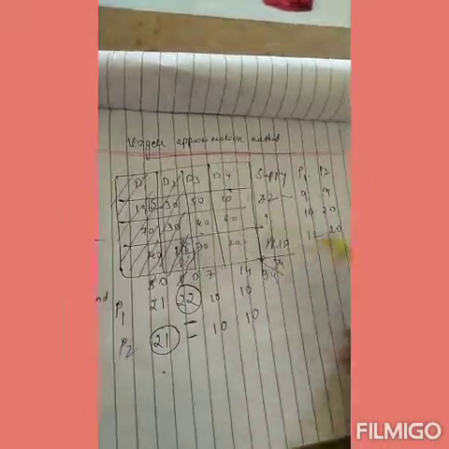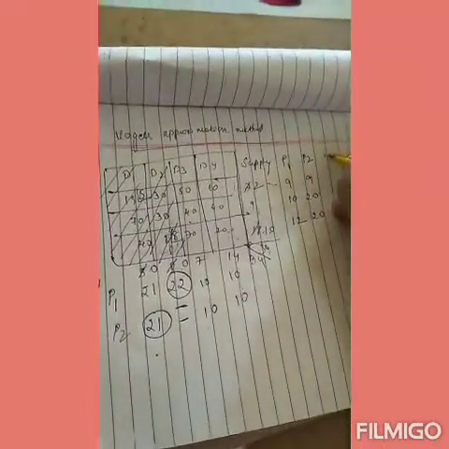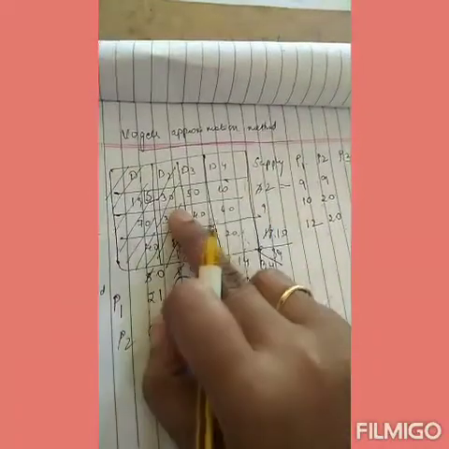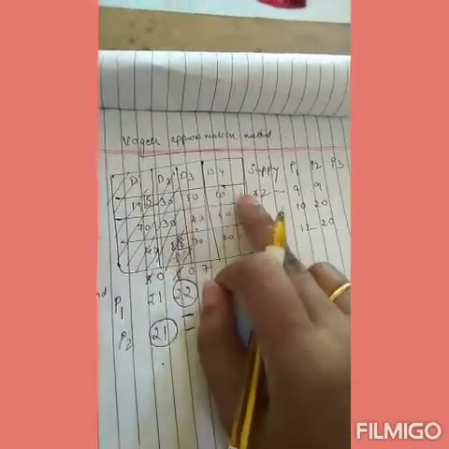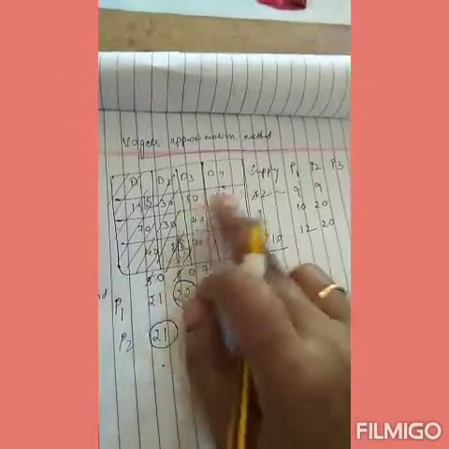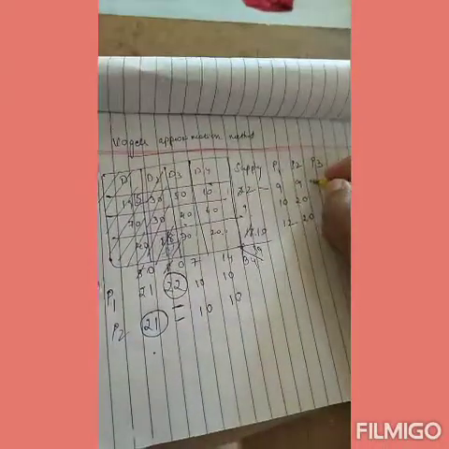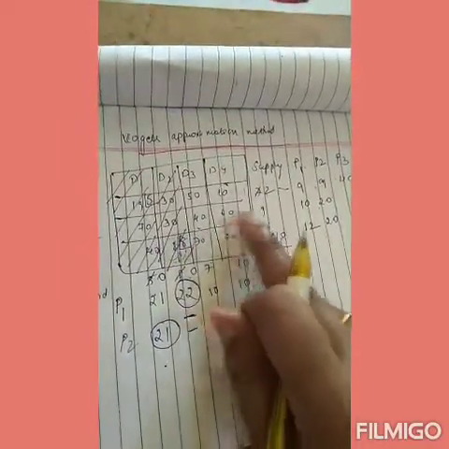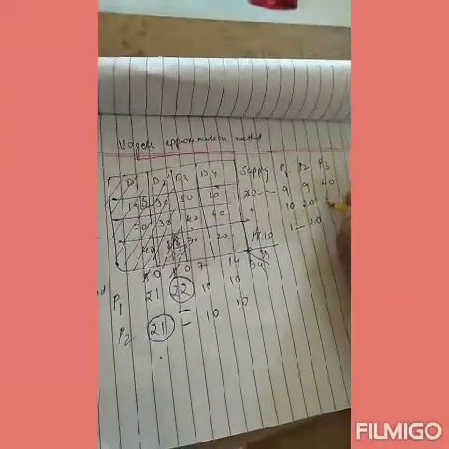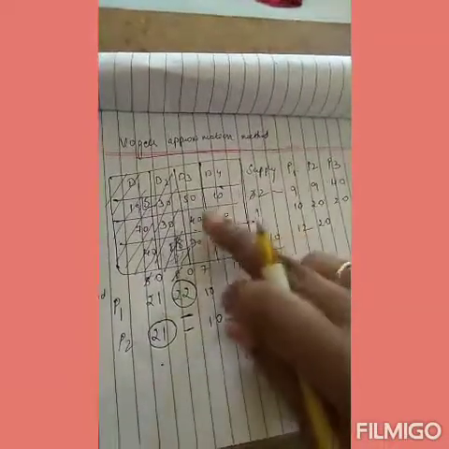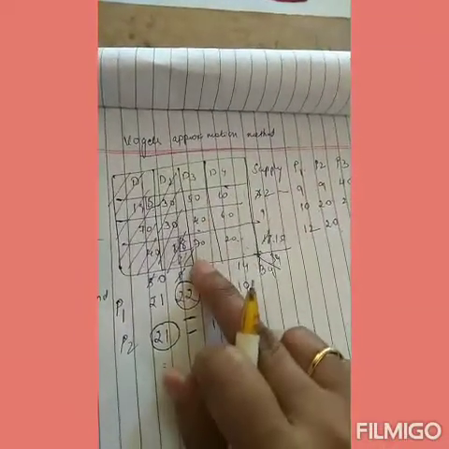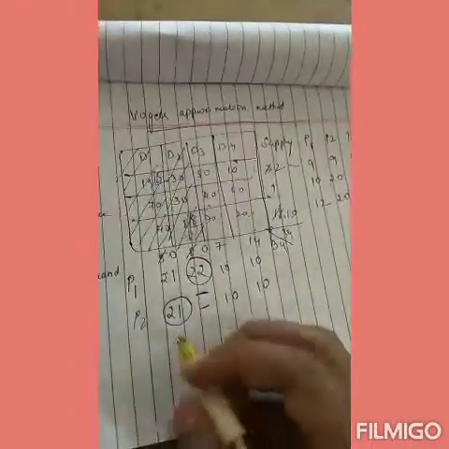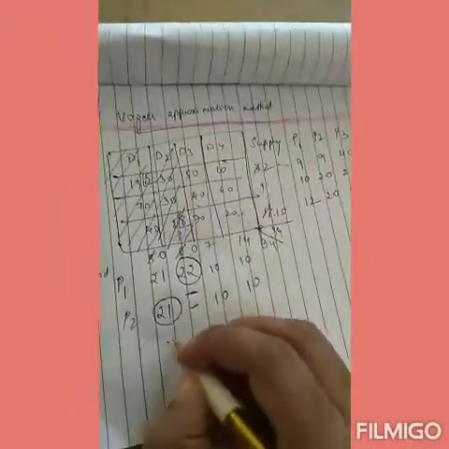And next, we'll check another penalty, P3. So 10 and 50, first minimum, second minimum; second minimum minus first minimum is 40. Then first minimum, second minimum, 60 minus 40, 20. This one is cancelled, just a dash.